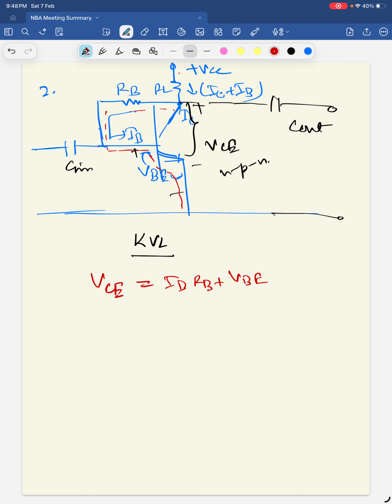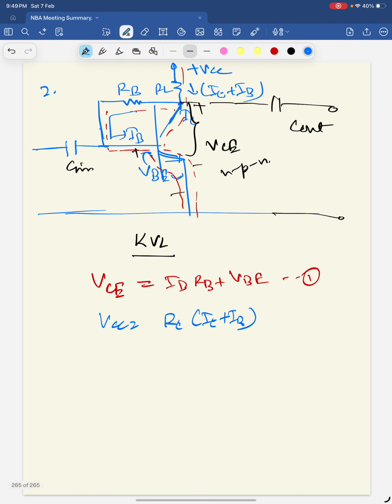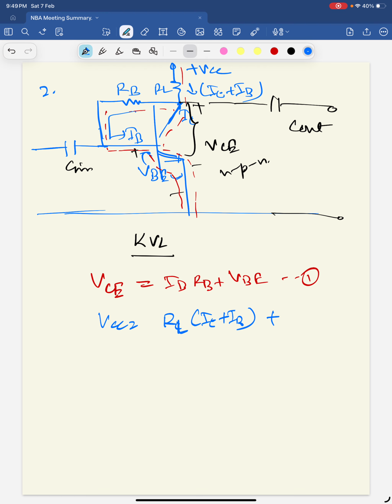Now in this direction we can get one more KVL. We can write this as number 1. So in this direction VCC is equal to RL into IC plus IB, plus this voltage VCE. So this is expression number 2.